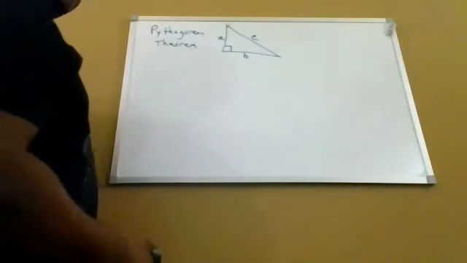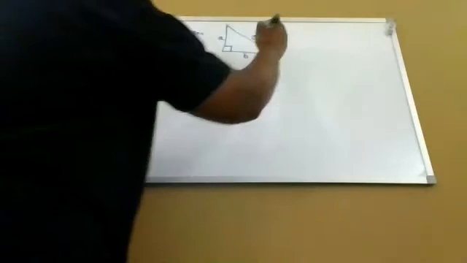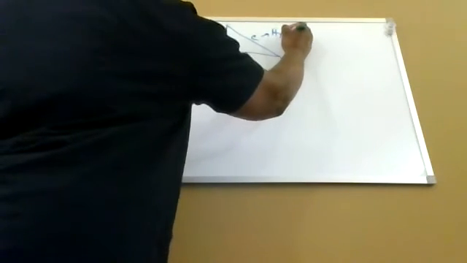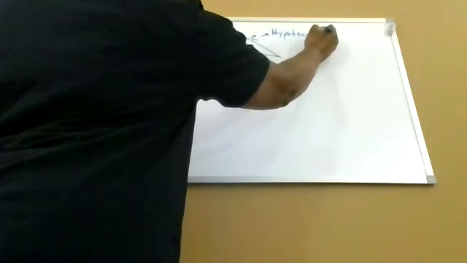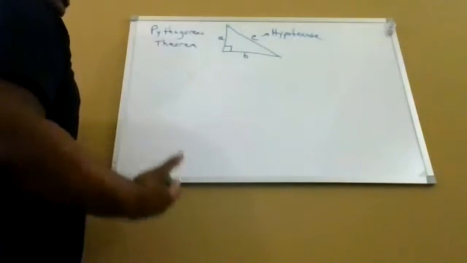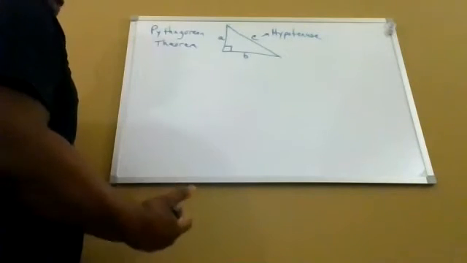I'll get some vocabulary for you. Hypotenuse. So when you hear the word hypotenuse, know that it means the longest side of the triangle.